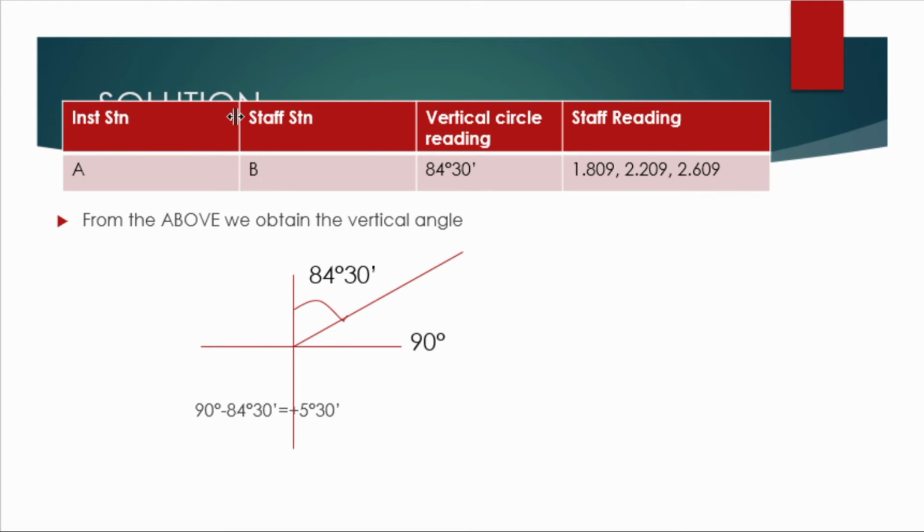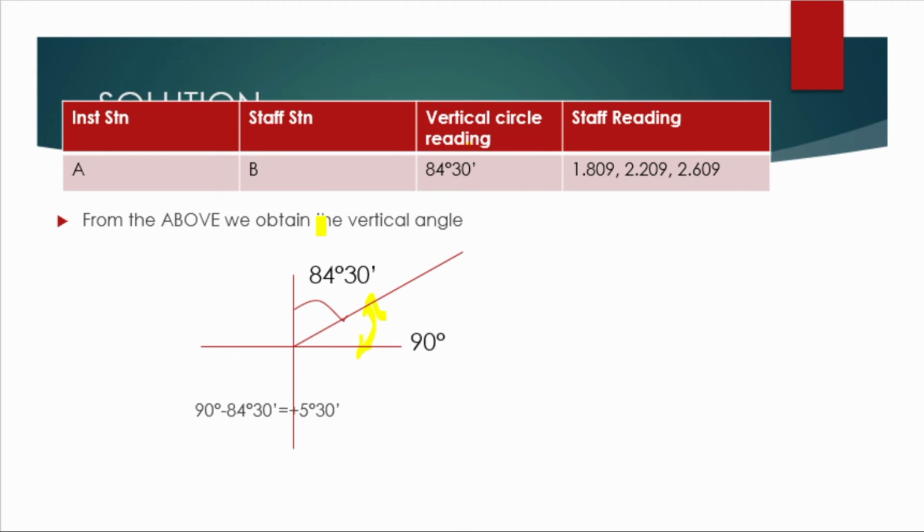Let me first start with the first part. From station A to B, this is the instrument station and the staff station, distance A to B. The vertical circle reading is the whole thing, so we need to calculate our vertical angle from the vertical circle reading.